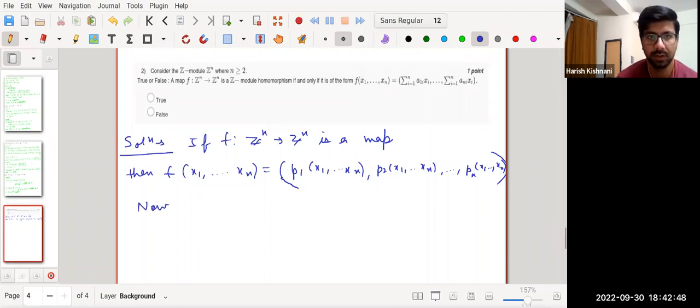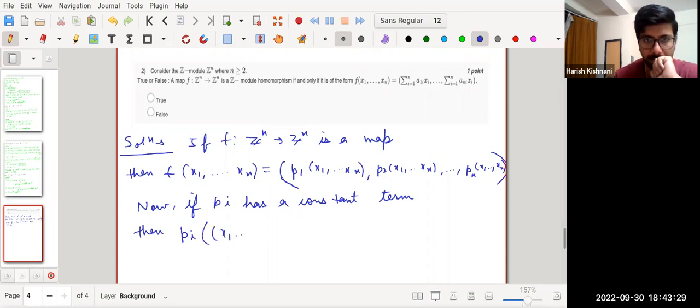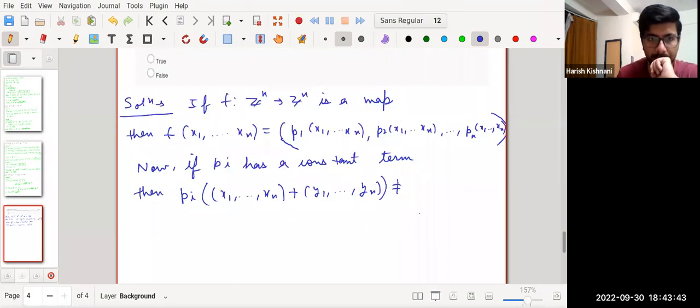Now, if pi has a constant term, then pi of (x1, ..., xn) plus (y1, ..., yn) would be equal to pi of (x1, ..., xn) plus pi of (y1, ..., yn), right?